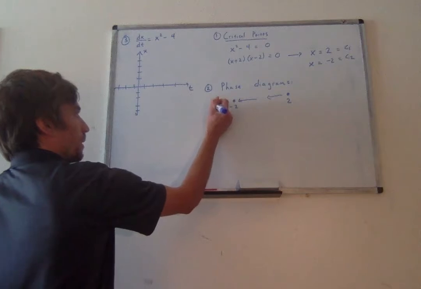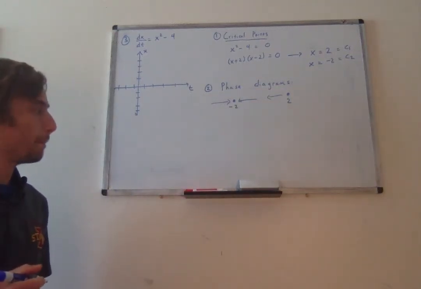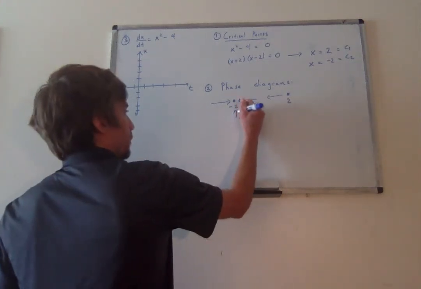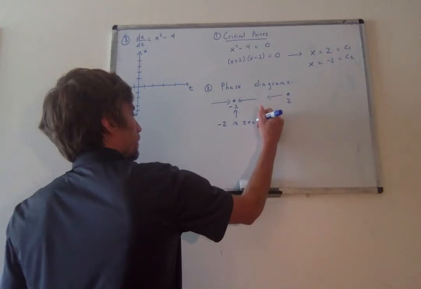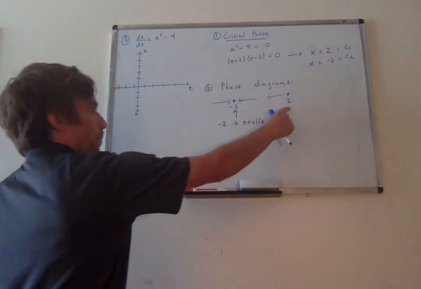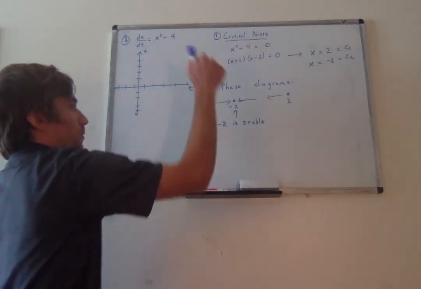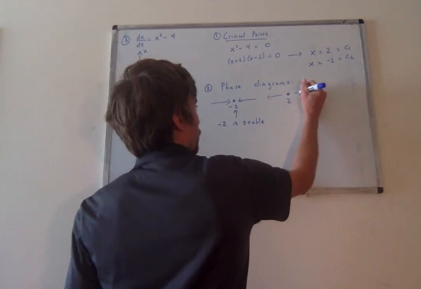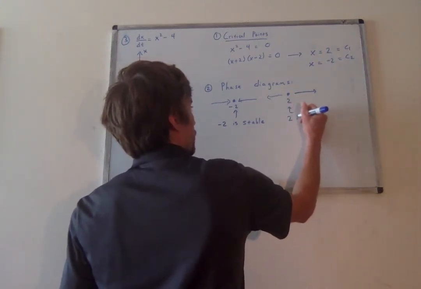And so here, everything would be tending in the positive direction, which means that negative 2 is stable. Finally, for positive 2, if I plugged in 3, well, 3 squared is 9, minus 4 is 5, so this is also heading in the positive direction. And this means that 2 is unstable.